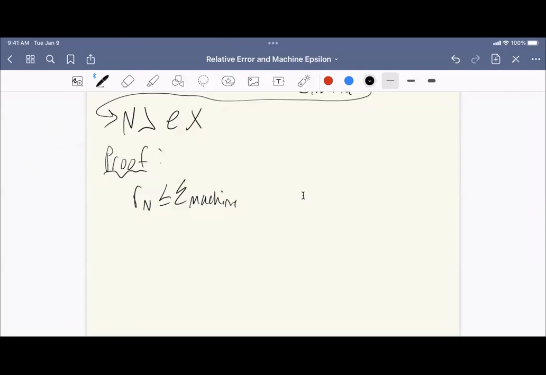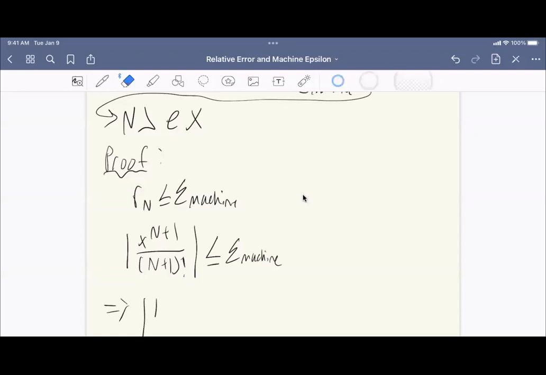So if we have this, we must know that the absolute value of x to the n plus 1 over n plus 1 factorial must be less than or equal to machine epsilon.